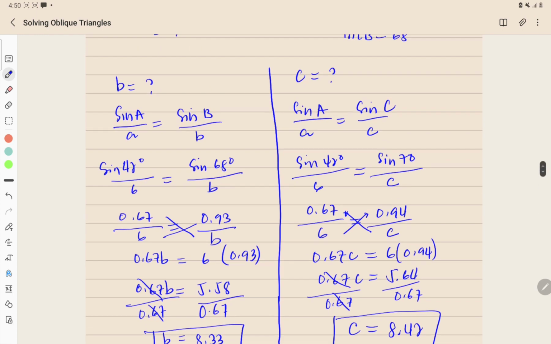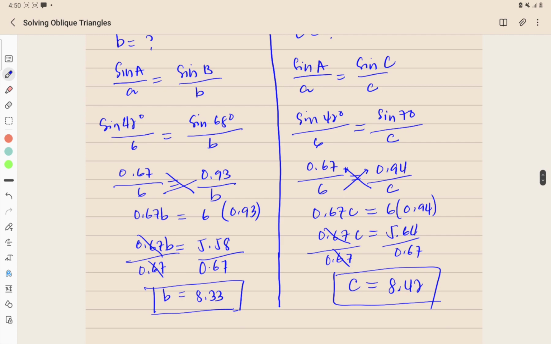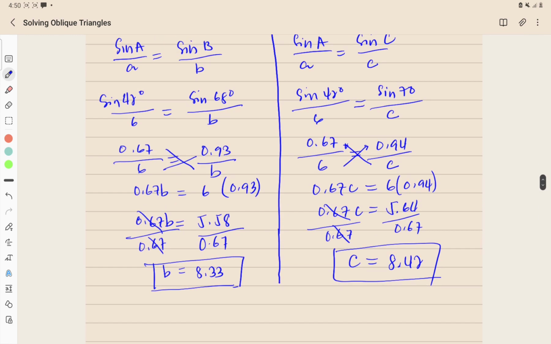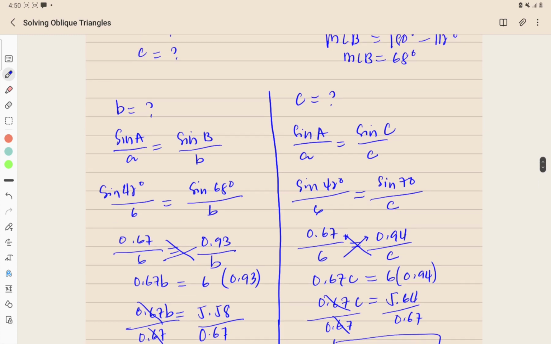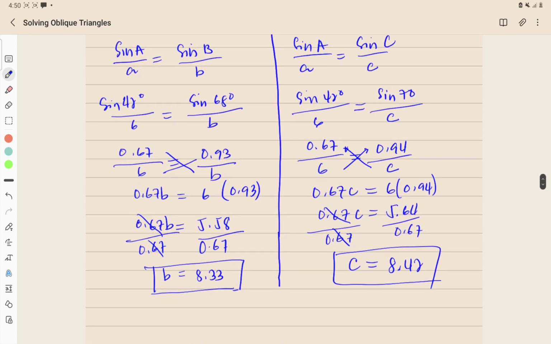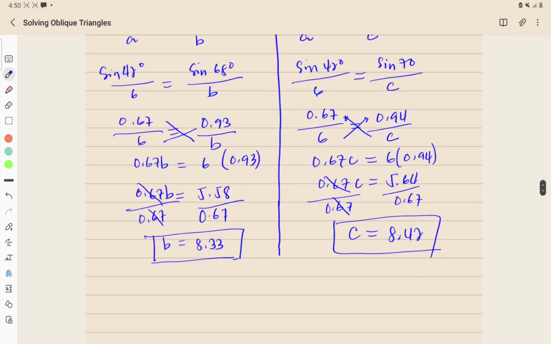Up to this part of the video, we were able to solve triangle ABC by using the sine law.